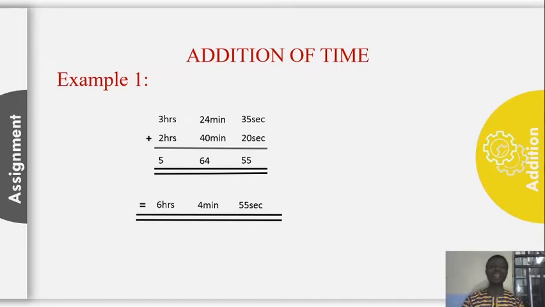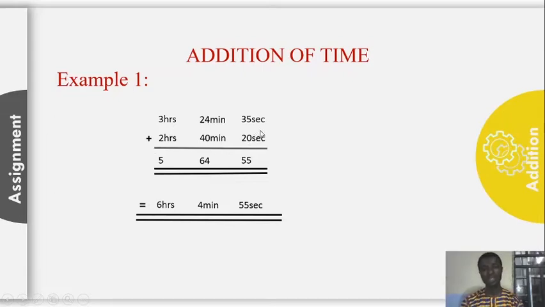Example number 1 on addition of time: 3 hours, 24 minutes, 35 seconds plus 2 hours, 40 minutes, 20 seconds, to add up. Can you see the arrangement? Write the first time, 3 hours, 24 minutes, 35 seconds. You put your plus, 2 hours, 40 minutes, and 20 seconds.